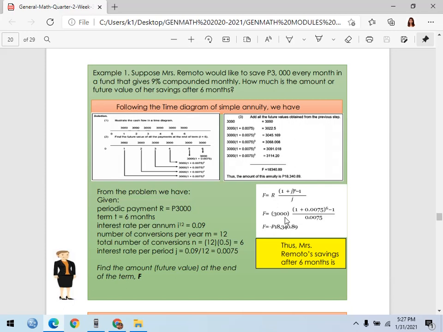So, R is 3,000 or the regular payment times 1 plus yung na-solve natin na J, which is 0.0075, close parenthesis, exponent is N, or kung ilang beses siya magbabayad, that is 6, minus 1, divided by 0.0075, or J.